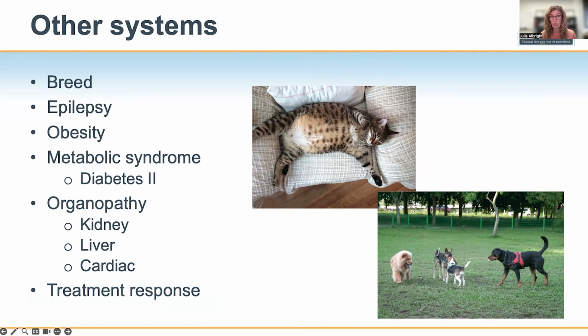Breed was shown to have different microbiota, statistically significant, as were epilepsy, obesity, metabolic syndrome such as diabetes 2, and organopathies: chronic kidney disease, liver disease, certain cardiac dysfunction. And also interestingly, response to treatment seemed to be a trait that might depend on their microbiome. So that's all really fascinating.